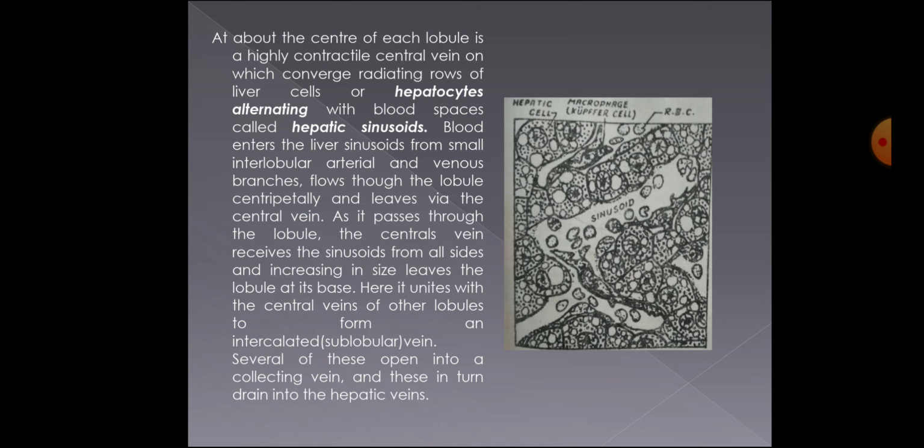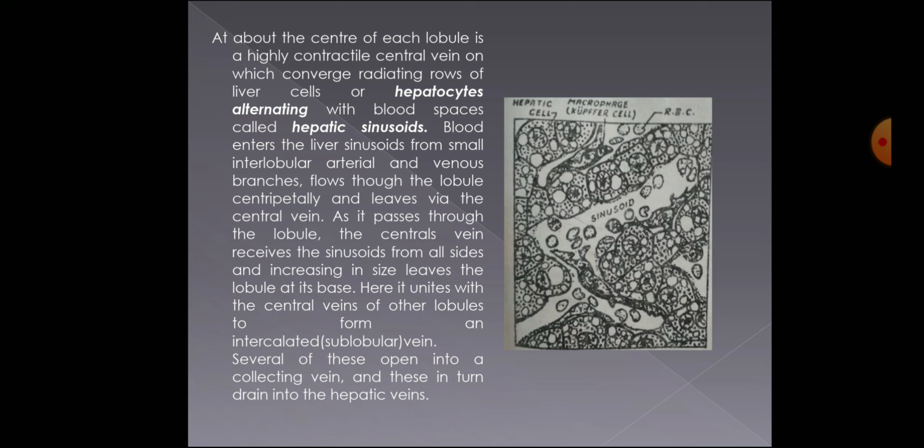At the center of each lobule, a central vein is present, on which converge radiating rows of liver cells or hepatocytes alternating with blood spaces called hepatic sinusoids.